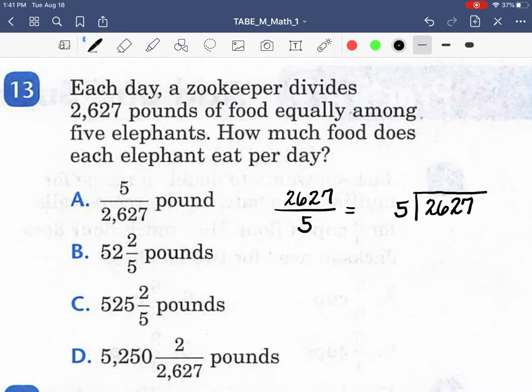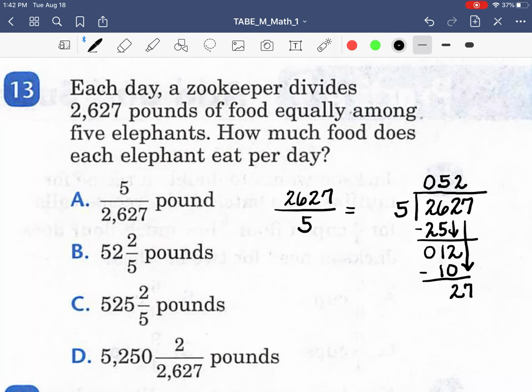And I can count this one on my fingers. 5 won't go into 2, but into 26 it will go 5 times. That is 25. 1 left, bring down the 2. 5 into 12, that would be 5, 10, 15 is too big, so let's go to the second finger, and that is 10.